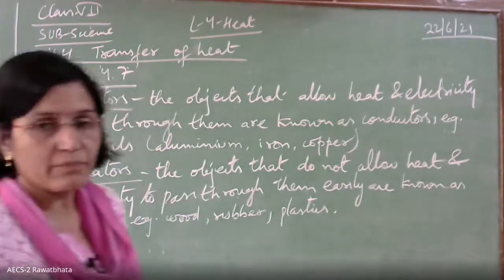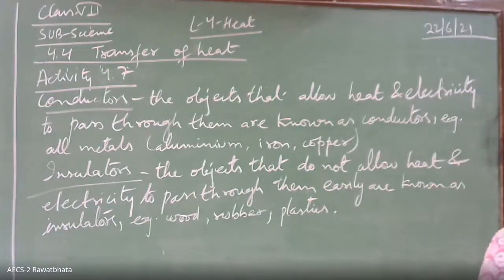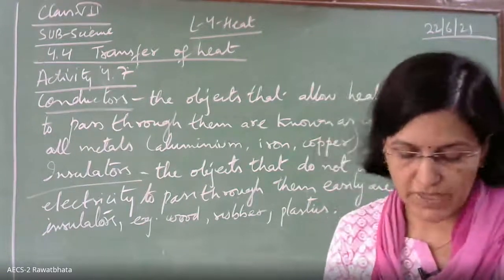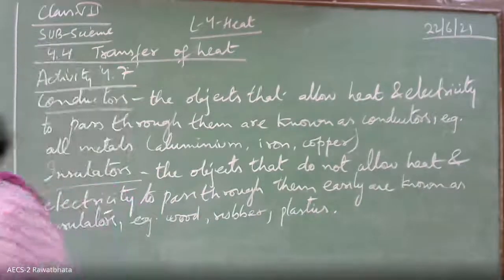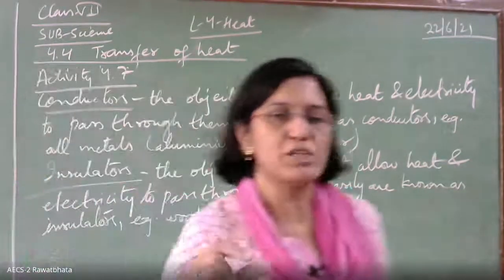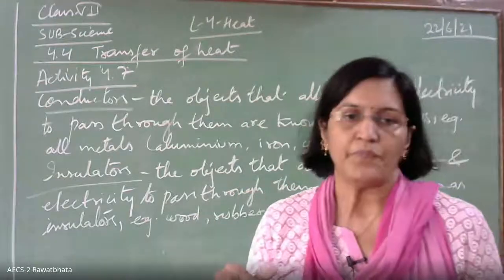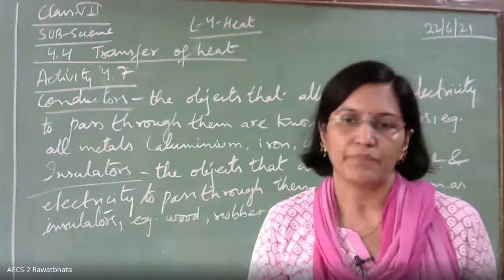Now, by the time we are doing that, one thing we can correlate right now. I want you to write down these objects' names in the table. You will be writing this below. You are going to see there is only one gap given below the steel spoon. You are supposed to write down all those and make this table in the fair notebook.